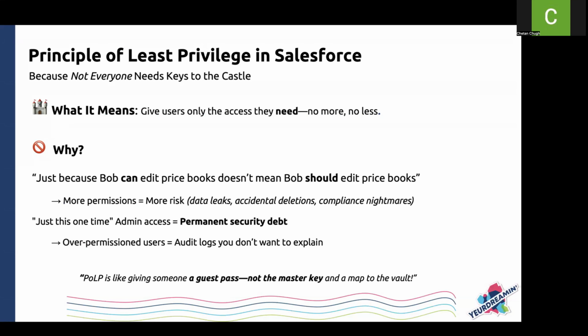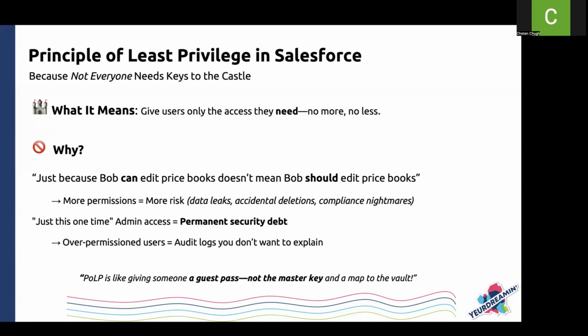Just because somebody is able to, for example, edit price books doesn't mean that they should be editing price books, whether their job description asks for it or not, right? So the more permissions you have for somebody, which is outside their job description, the more risk you have for data breaches, data leaks, and it can be, of course, a compliance nightmare.